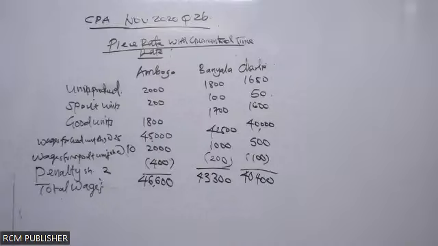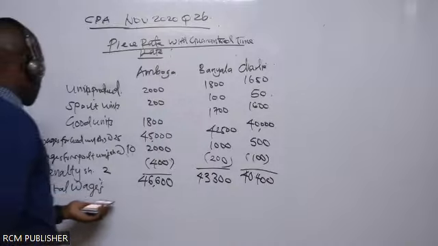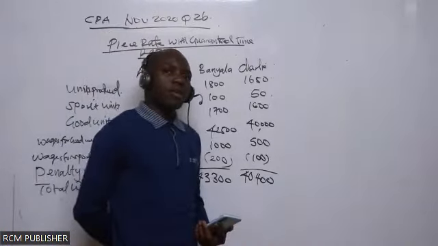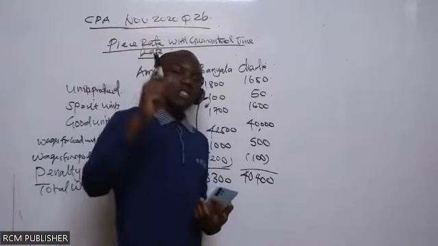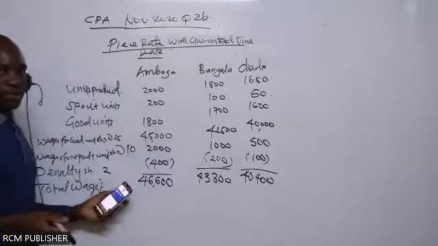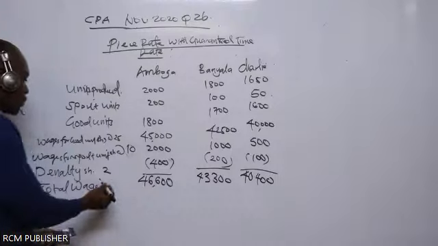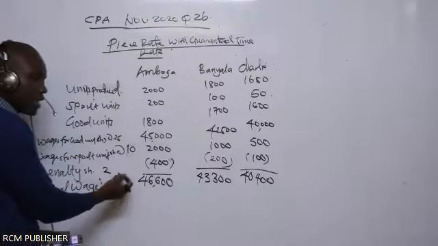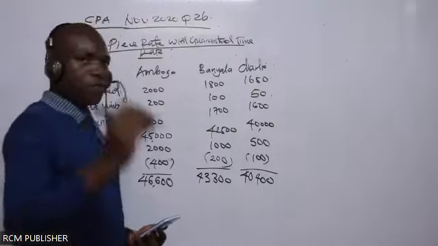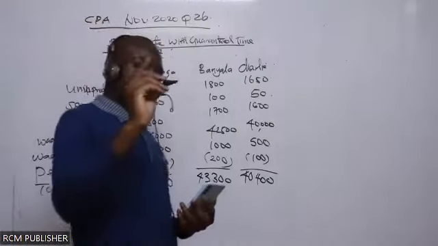So the minimum wage that is guaranteed of 8,000 is only going to be given to someone whose total wages is less than 8,000. If the wages that you're supposed to receive down here is less than 8,000, then automatically the company will give you 8,000, not that actual wage.